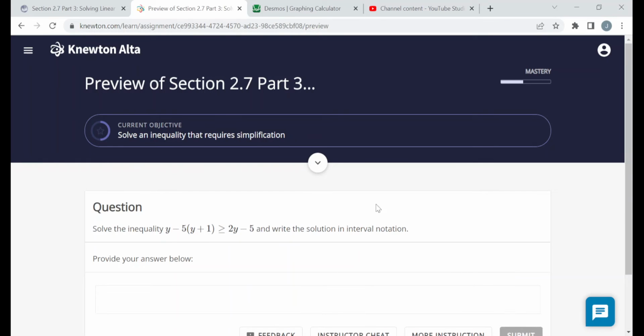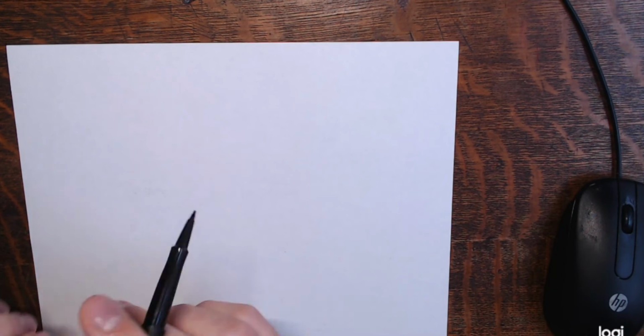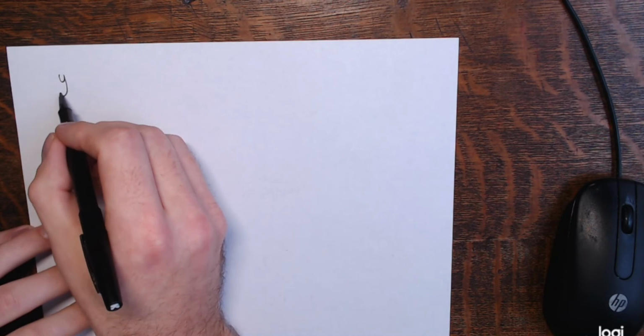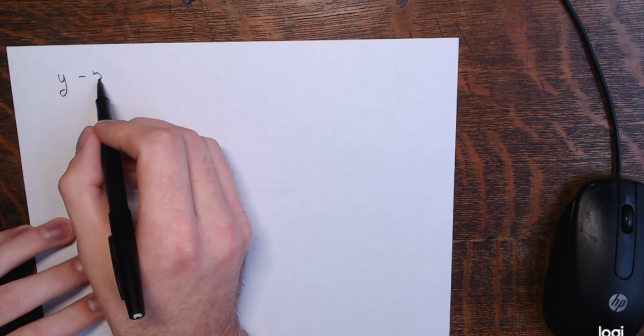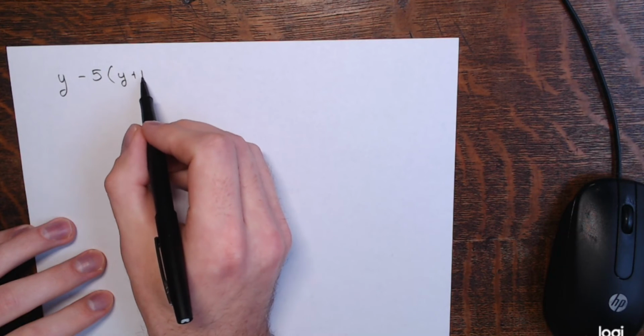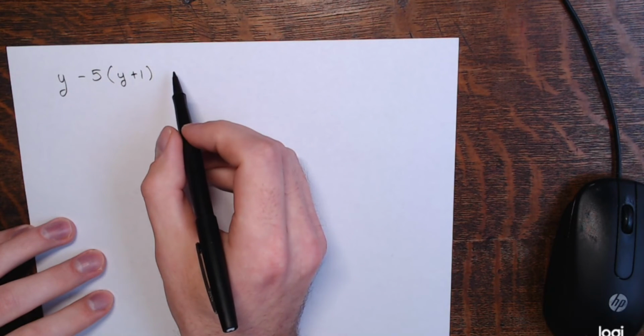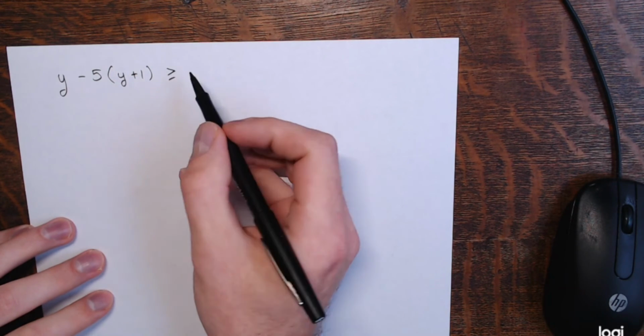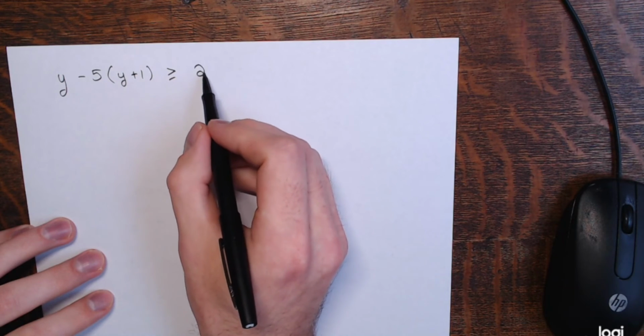Alright, next, so another inequality that I'll write out and solve. I'm just making sure I copy it down correctly. So on the left side we have y, then minus 5 times the quantity y plus 1 is greater than or equal to 2y minus 5.